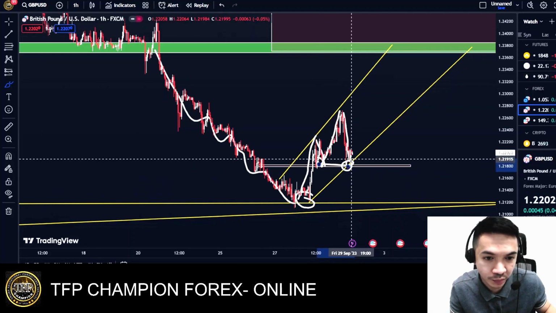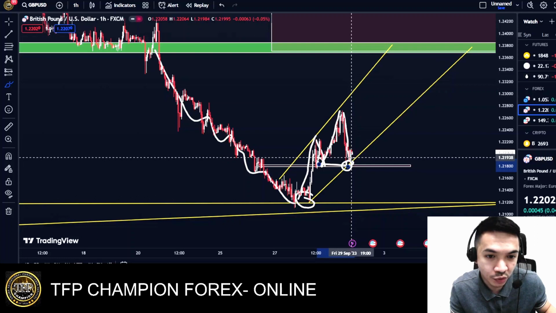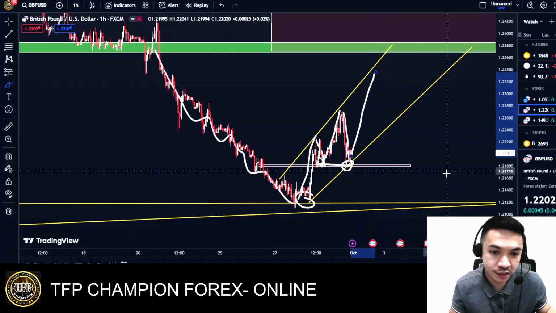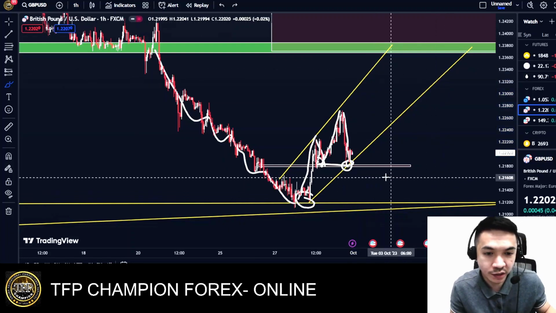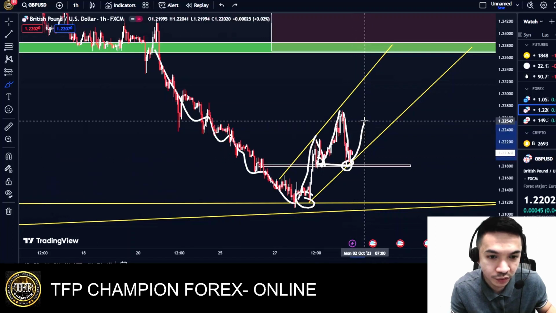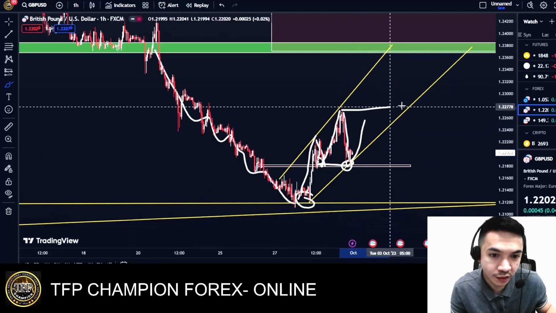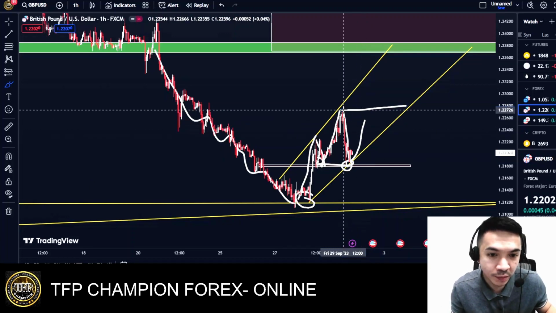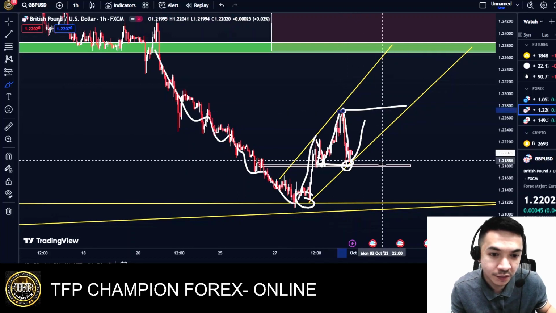So what do we expect? We're now expecting a move either, tandaan mo, we are not sure whether the market will provide another higher high, kasi that is only speculation. So what we can do is either we have this move up, not a higher high but a lower high, meaning mas mababa sa dating high.